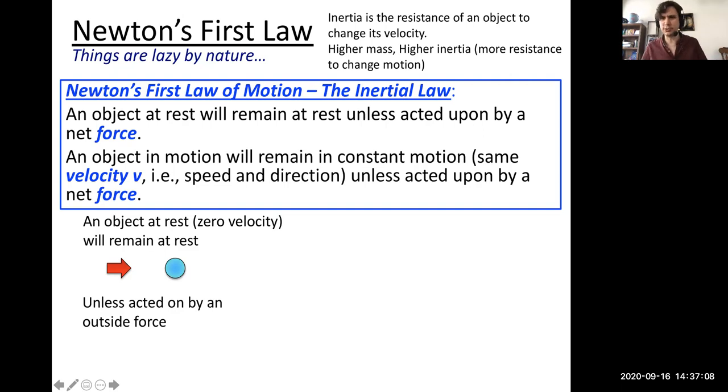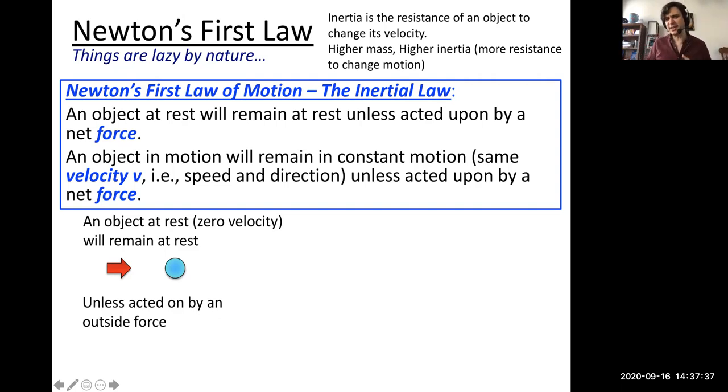Now, if that was not a toy truck, but a real pickup truck barreling down at me in neutral, what am I going to do? Stand there and stick my hand out and stop the truck? Maybe I'll try to use both hands. I'm going to get squished. I can't stop that massive truck. Why? Because it has a lot of inertia. It has a higher mass, and it's really, really hard for me to change its motion. So it's pretty much just going to plow right through me.